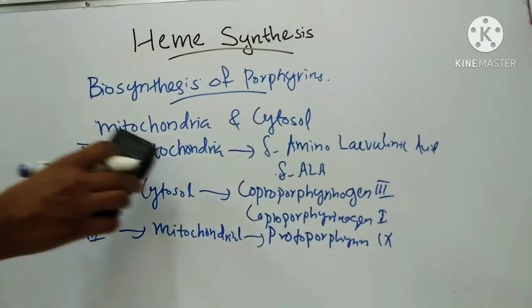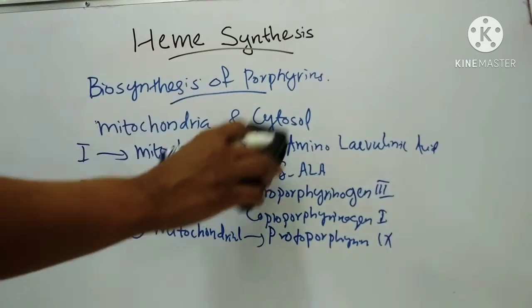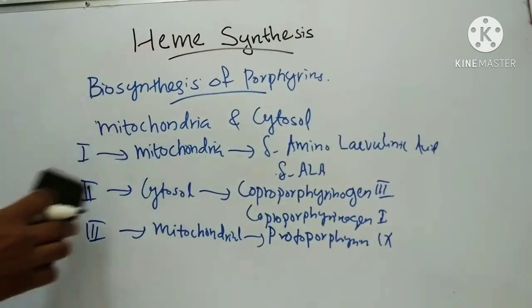So first we will see stage 1, that is synthesis of delta amino levulinic acid, that is intramitochondrial.